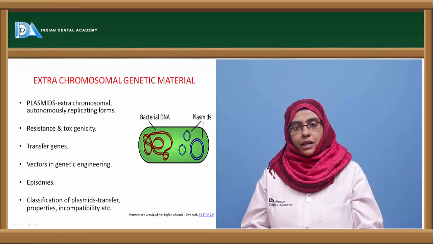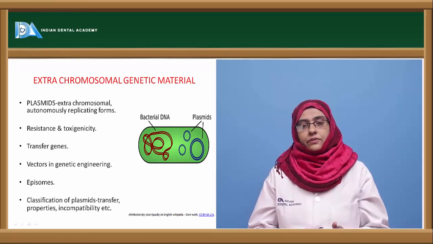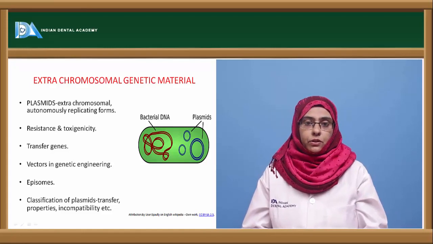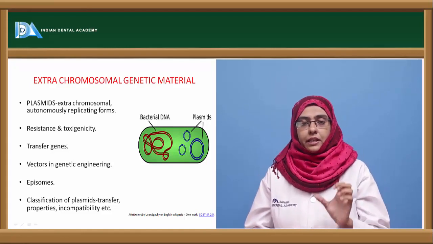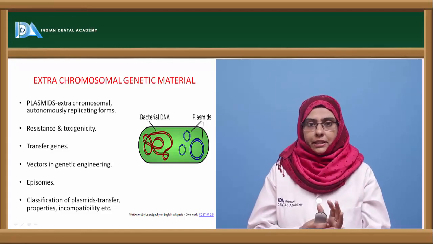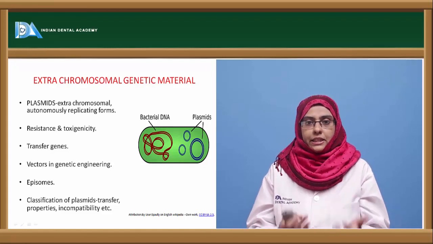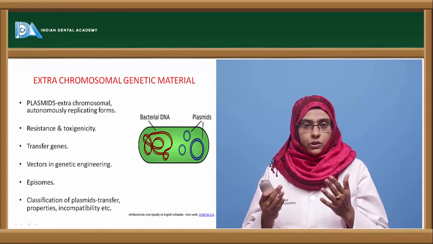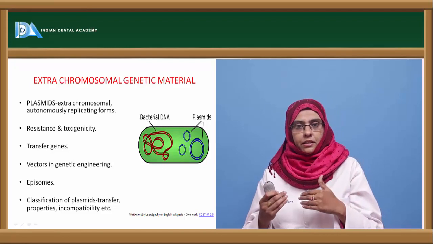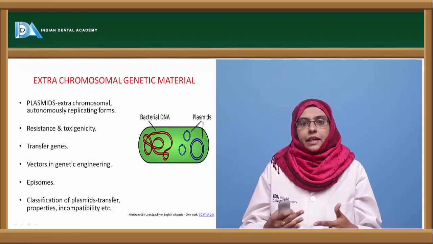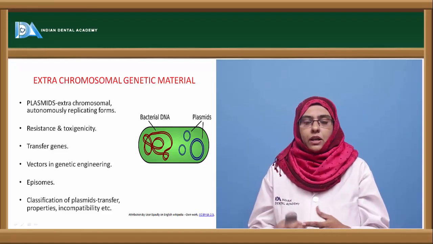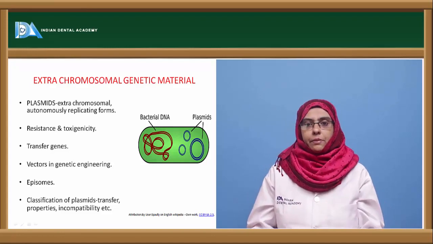And then apart from that, there is an important classification which is called incompatibility grouping. Here closely related plasmids cannot stay in a single bacterial cell, so they cannot stably coexist in a cell. Different types of plasmid can coexist, but not the same or closely related plasmids. So this is called incompatibility typing.